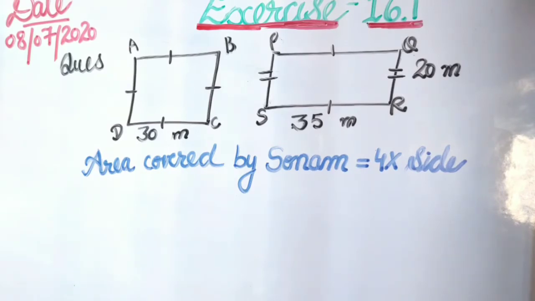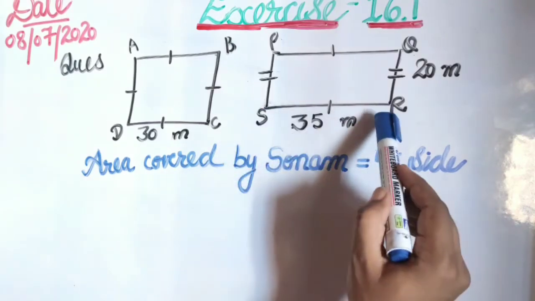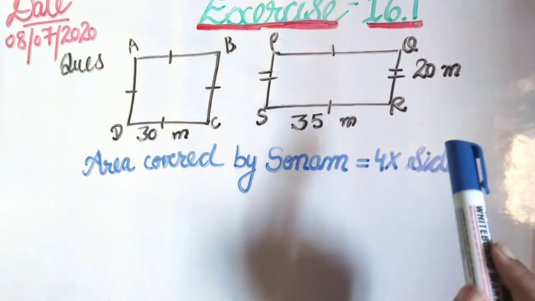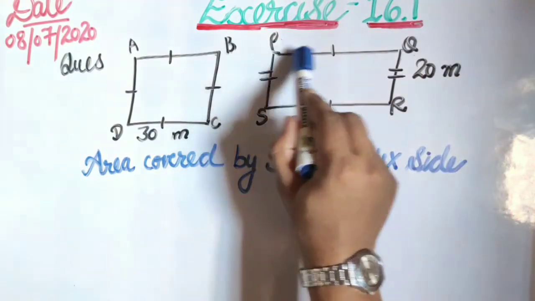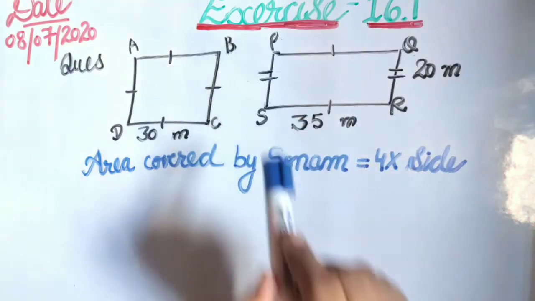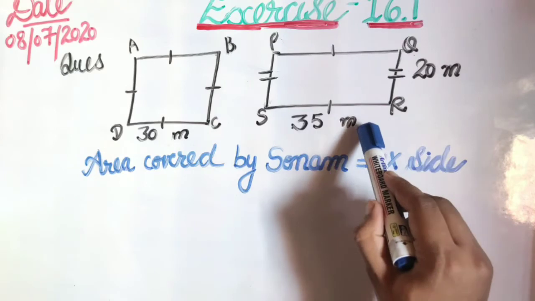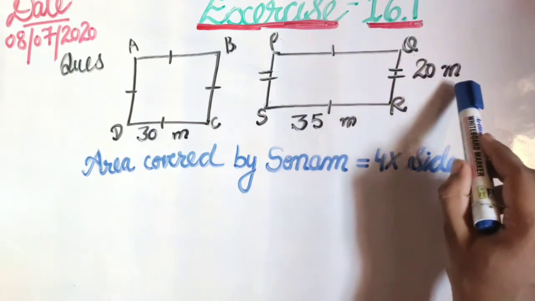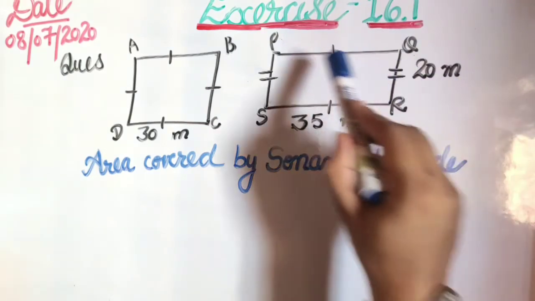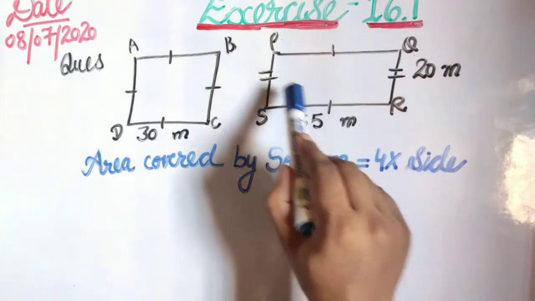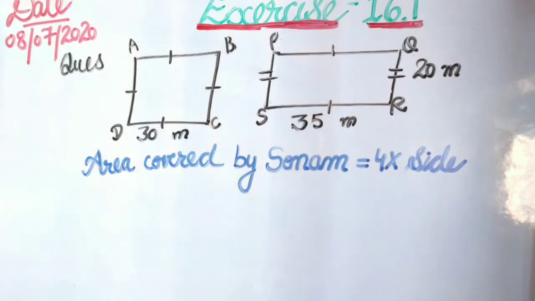Now, next is Mehak takes a round of rectangular park of length 35 meter and breadth 20 meter. Students, one girl Mehak is there. She is moving around the rectangular park and the length of the park is 35 meter and breadth is 20 meter. Students, a rectangle is that closed figure in which opposite sides are equal to each other.